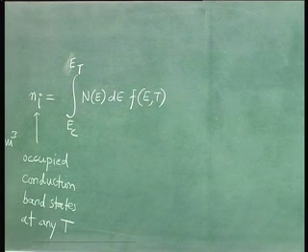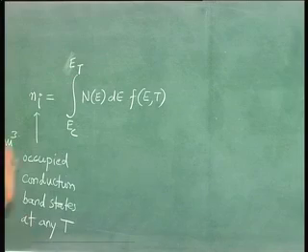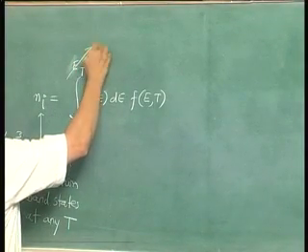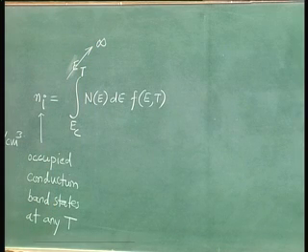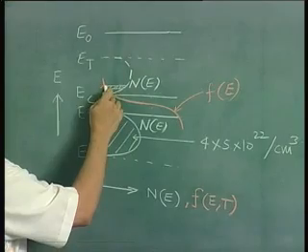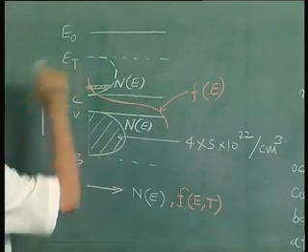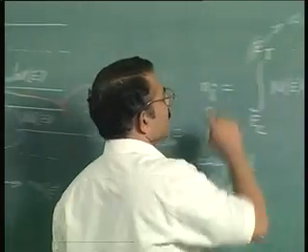Now the approximations we need to make to get a simple expression from here are: replace this by infinity. It makes no difference because here this Fermi-Dirac function rapidly goes to 0, approaches 0. So it does not matter whether you take Et as a limit or infinity as a limit.